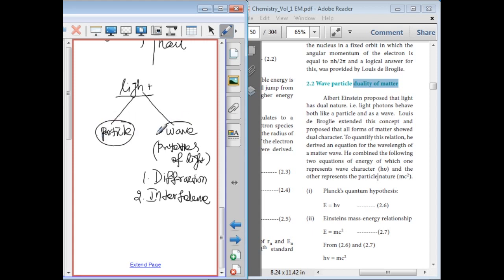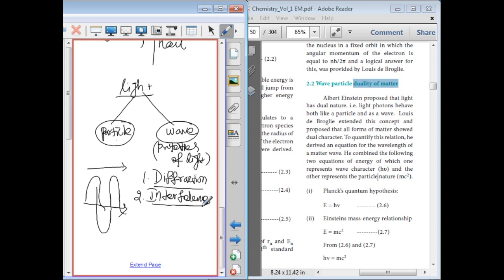One is the particle, another one is the wave. A particle propagates in a straight line, that means from one position to another position. Light, the particle, travels in a straight line, but a wave travels like this. The properties of light are diffraction and interference.